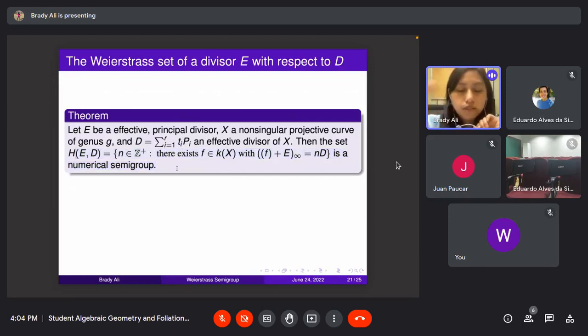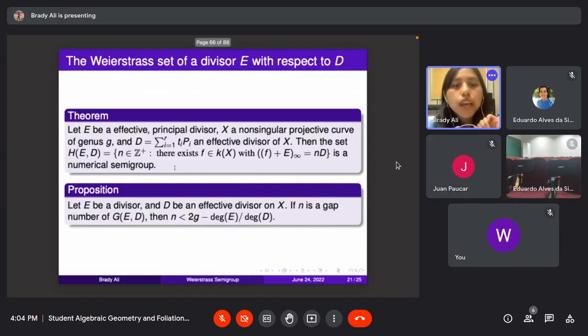It's going to satisfy all of these three properties: zero will be here; if we take n and m in this set, then the sum is also here; and the complement of this set is a finite set. We also found that in the case when D is an effective divisor, the largest element of the set of gaps will be less than 2g minus the degree of E over the degree of D.